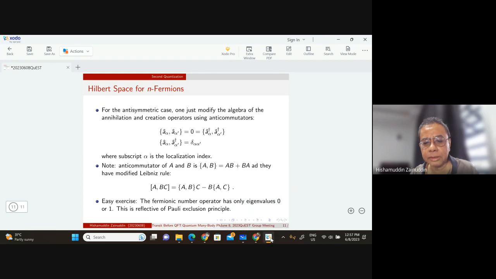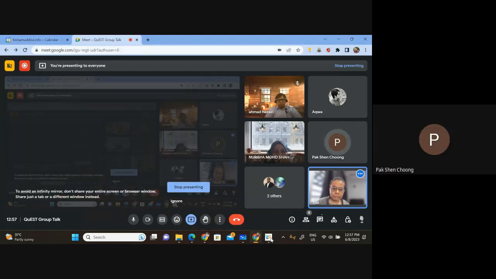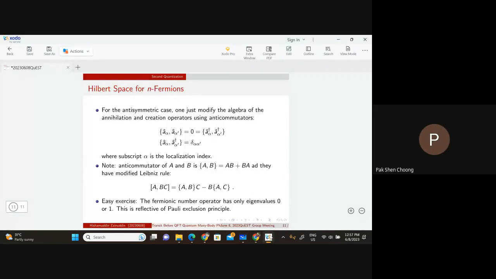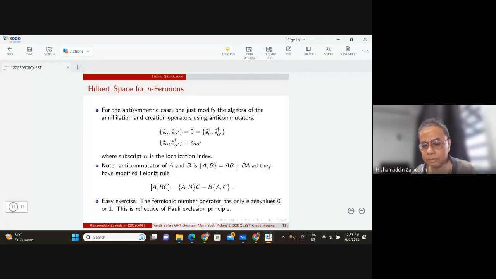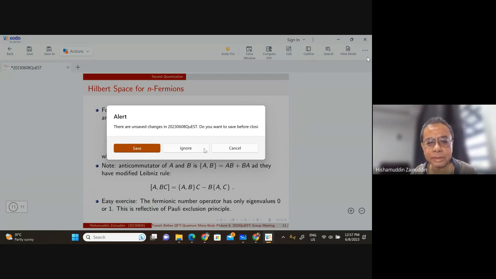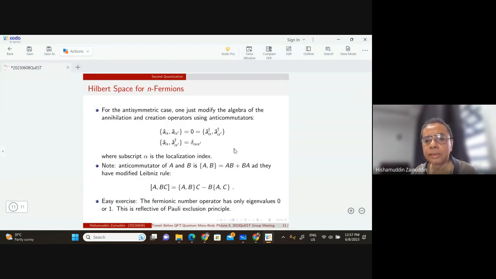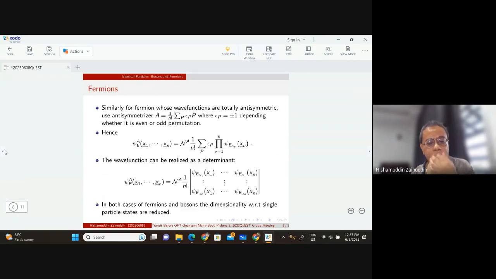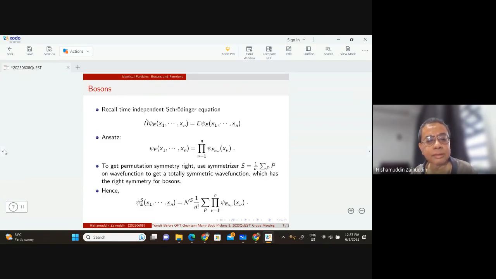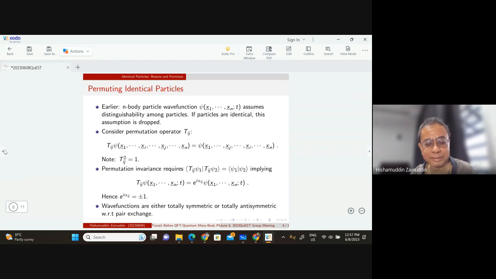Could you show the name of the book again? Maybe I stop sharing. Maybe I show you on the slide. Where is it? It's a huge book. I've not really read it.